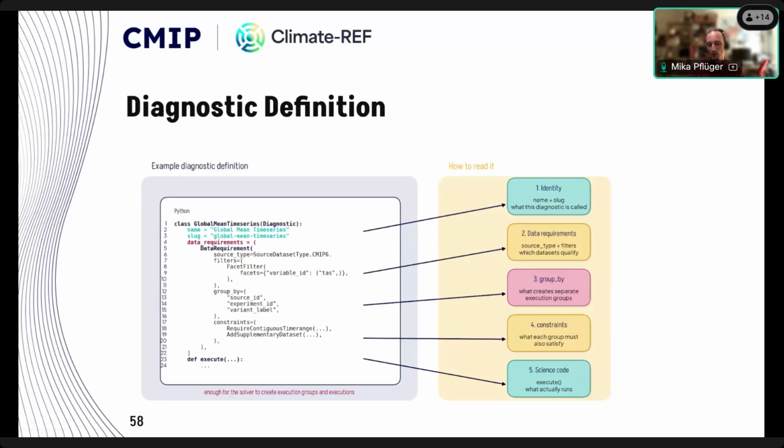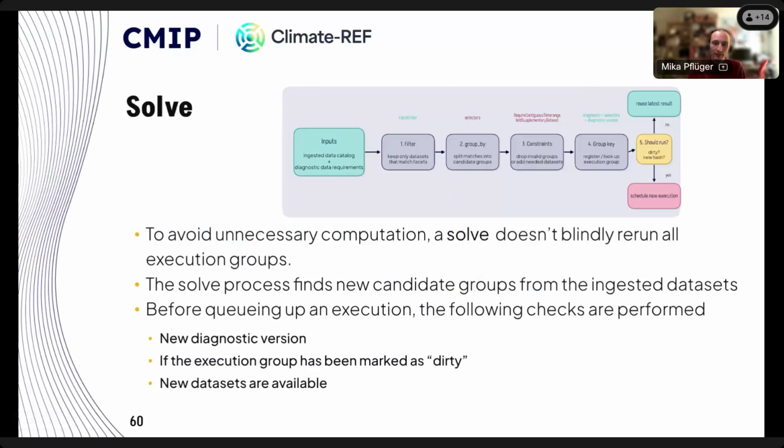And only if all of these requirements are met, it will then run the actual diagnostic, which is in this execute method, which essentially has the science code, which is then called in the appropriate evaluation package. This is all decided in the solve, and the solve doesn't blindly rerun all of the execution groups.